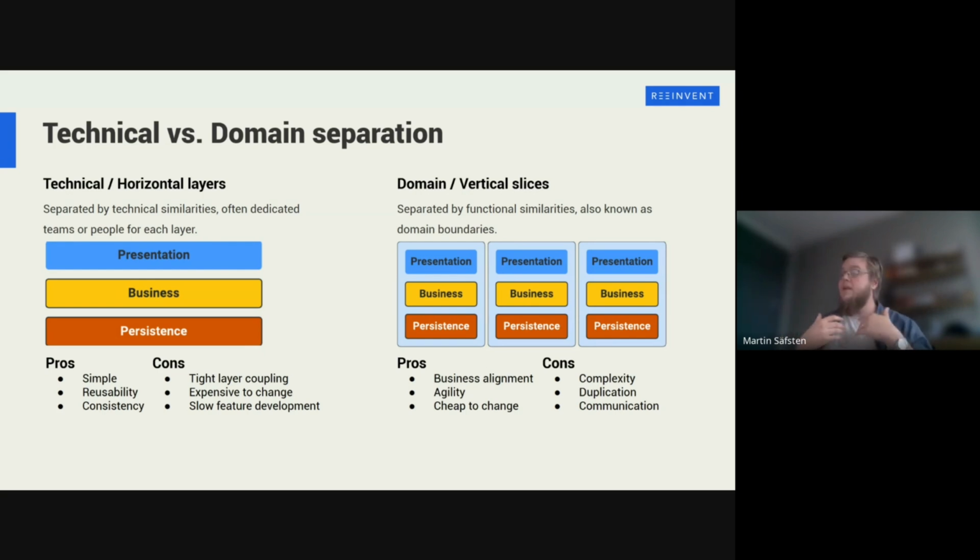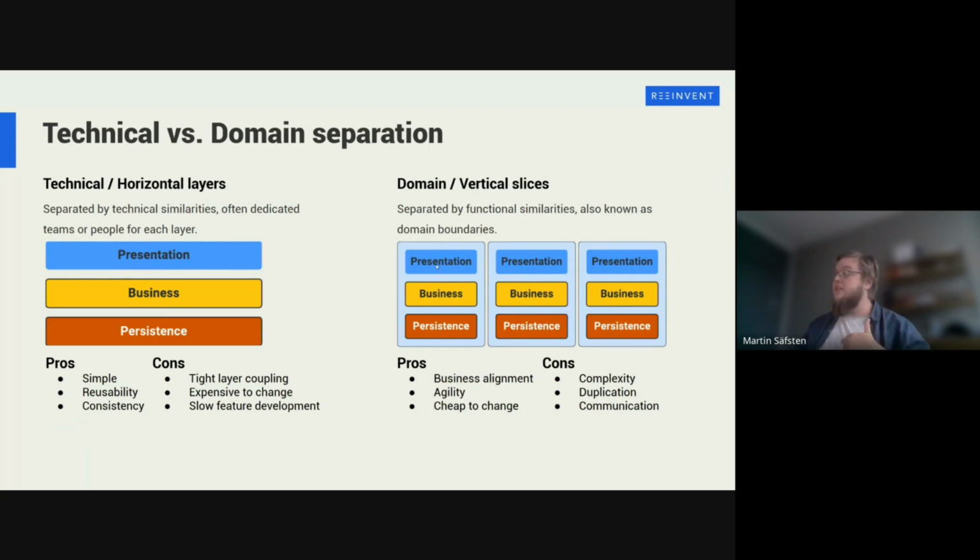And the business alignment is basically that the modules should reflect a natural part of the system, so that communication between the slices is kept to a minimum. If you have two vertical slices that regularly talk to each other all the time, say, I'm going to add a user. All right, this is the user slice.